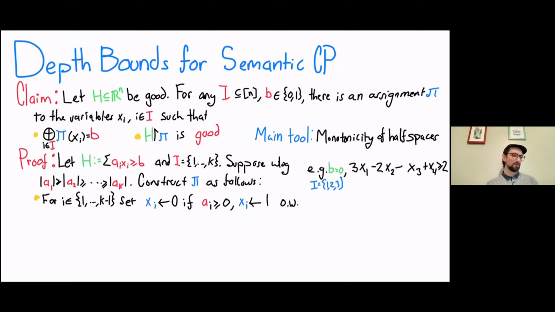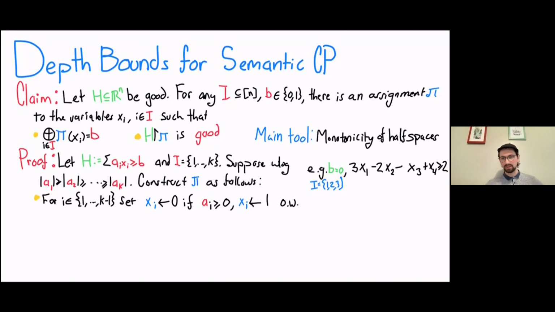Yeah, so for the first k-1 coordinates, you want to falsify the all a half point after this setting. So I'm going to set them so that the value of the half space is as low as possible. So if AI is greater than or equal to 0, then I set the variable to be 0, and otherwise I'll set it to be 1.